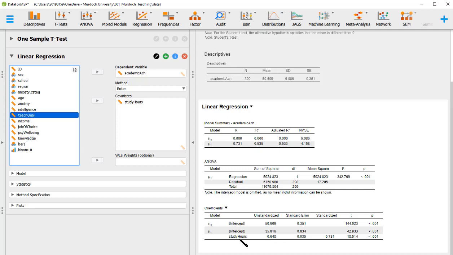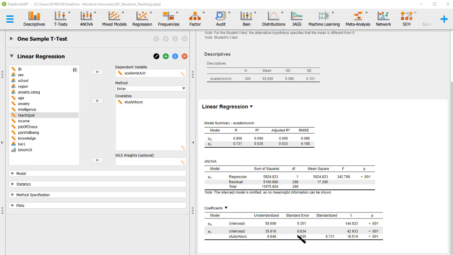For example, if we move from 10 hours of study to 20 hours of study, this is a difference of 10 hours, so we multiply 10 by 0.648, which is 6.48. That is the increase you obtain in academic achievement for 10 hours of study. So if you increase 10 hours of study, your academic achievement will increase 6.48 points.